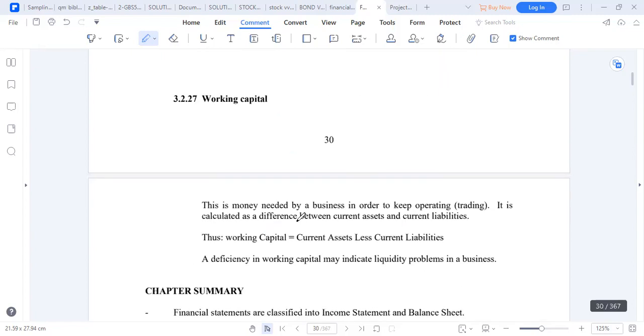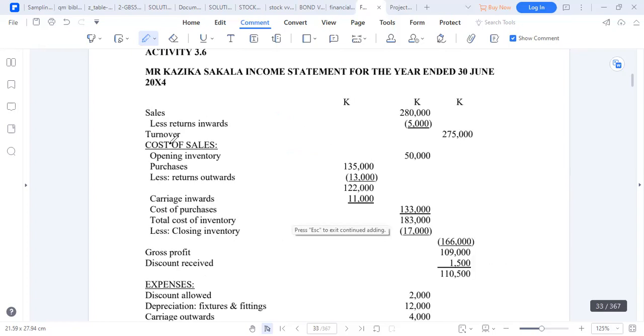So if we're going to post those things, we start with sales of 280, and we subtract returns inwards of 5,000 to get our turnover. So the turnover is 275. Then we have the cost of sales, opening stock. So here there were two stocks.